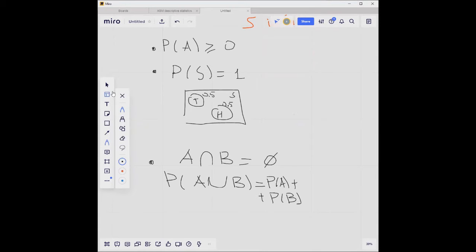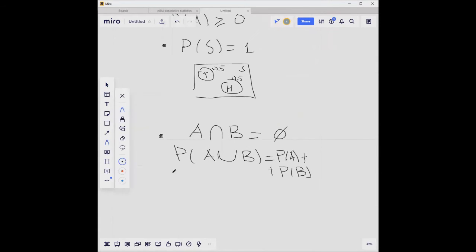All right. Now, those three axioms are enough to characterize our probability function in the case when our sample space S is finite. In the case when our sample space is infinite, we have to add axiom number 4, which is similar to the previous one.